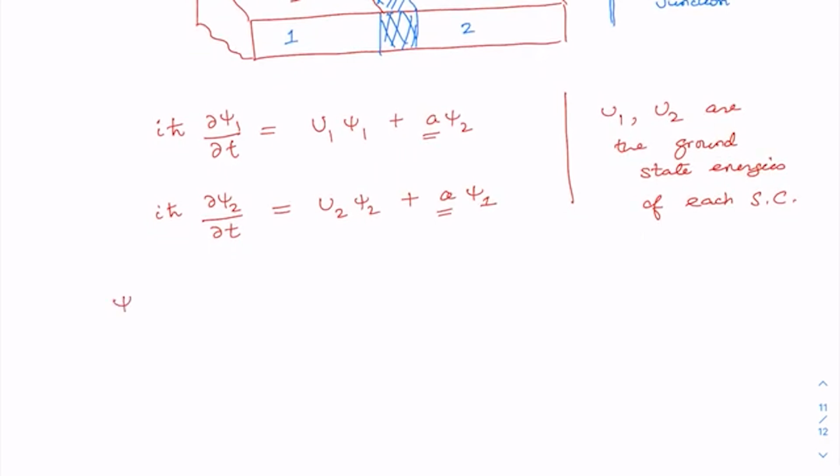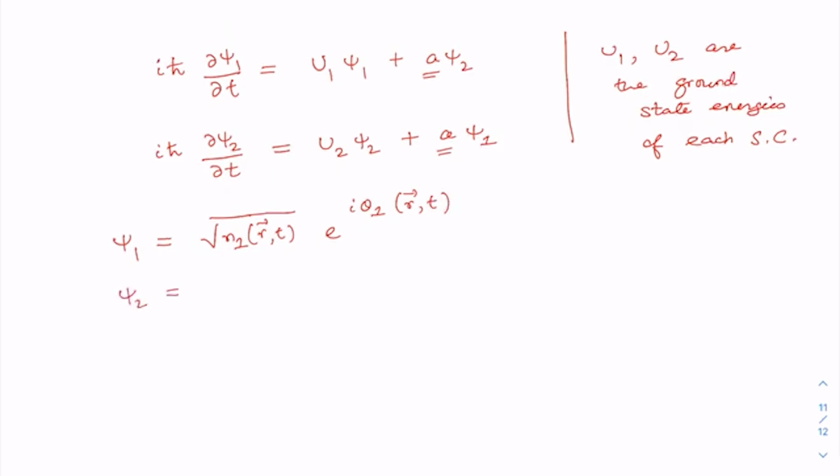We know that psi1 can be written as square root of n1 e to the power i theta 1 of r and t, where n1 is the density of superconducting electrons in superconductor 1, which we already know from Ginzburg-Landau theory, and psi2 is equal to square root of n2 e to the power i theta 2. Theta 1 and theta 2 are the phases of each superconductor.